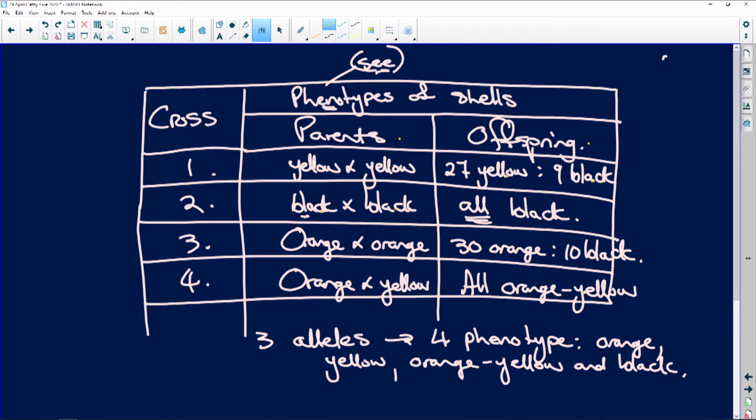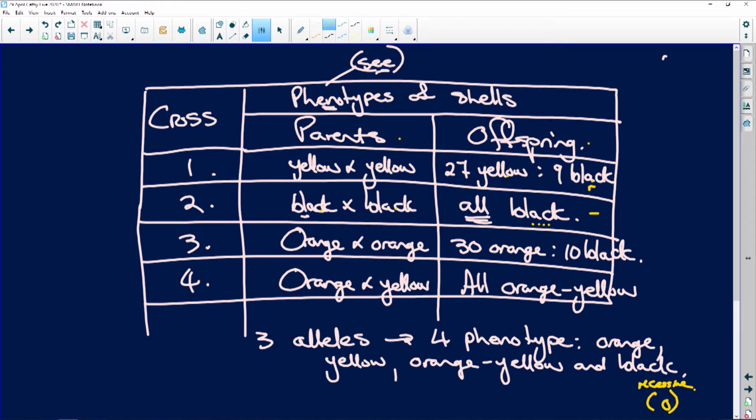Immediately, I start to think, black is recessive, just like blood group O. Now if I have yellow and yellow, I have 27 yellow and an odd black. So that proves that this is recessive.